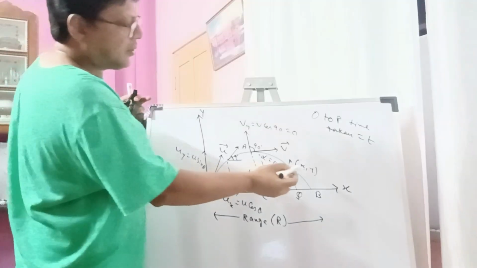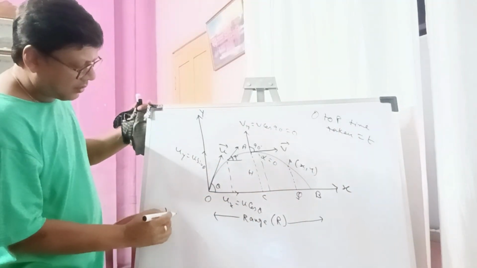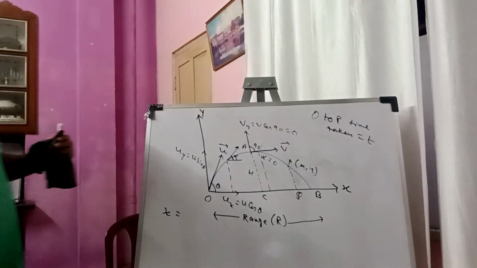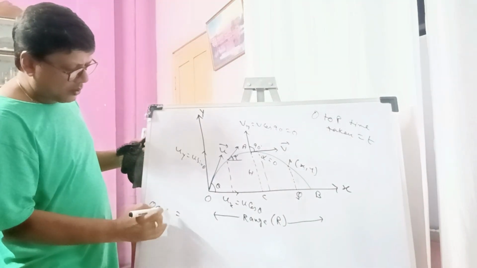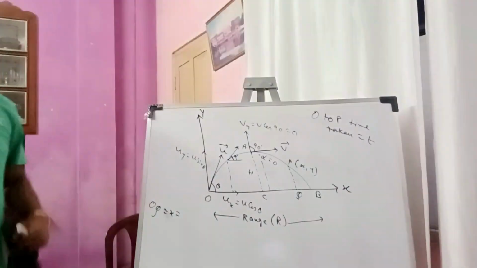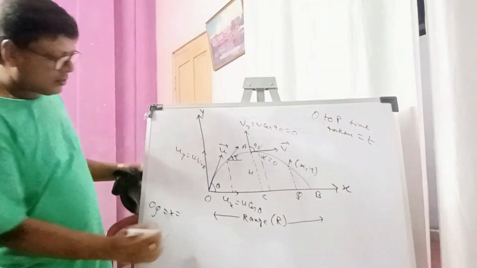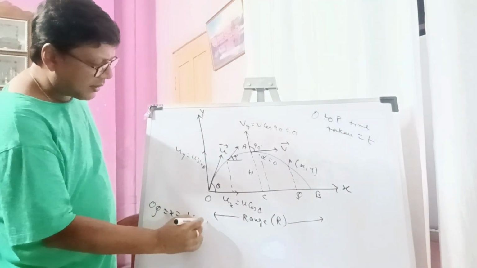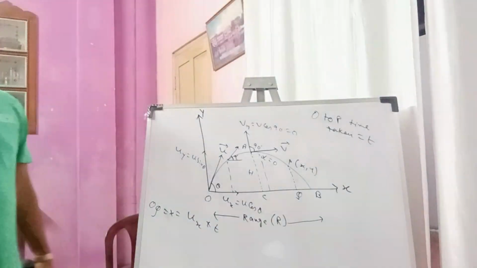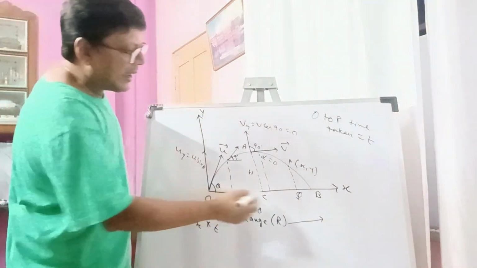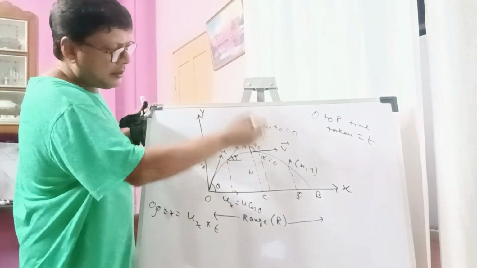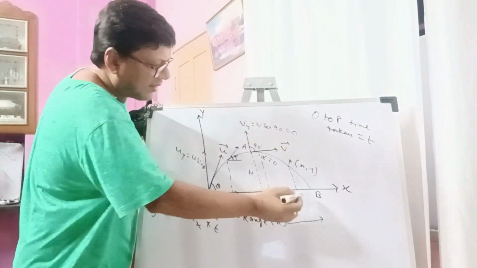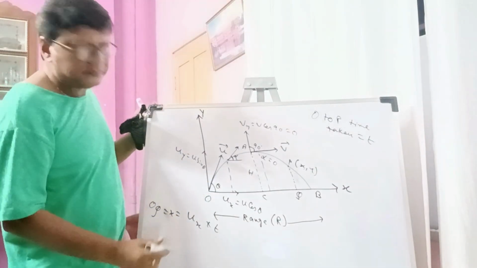If we want to find out x, we will say x equals OQ, and that equals ux into t. You don't take any g along OQ because g is acting vertically. So the component of g along the x axis will be 0, that I have discussed earlier.